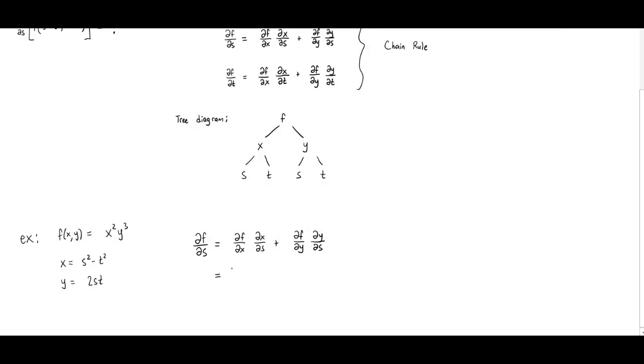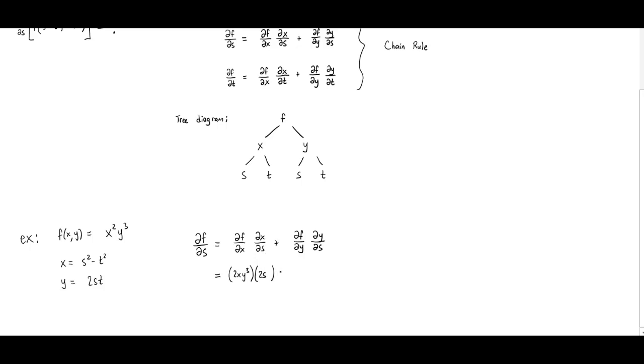So the partial of f with respect to x, what would that be? Anyone? The first term here, what would that be? 2x times y cubed. Yeah, okay, good. What's the partial of x with respect to s? 2s.